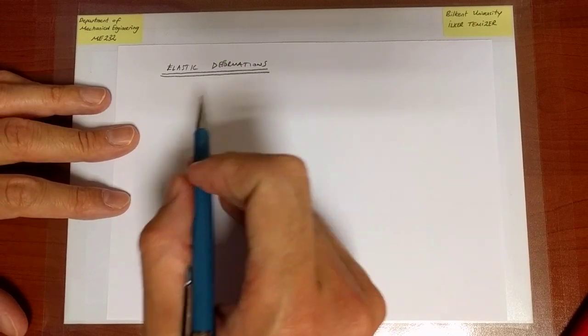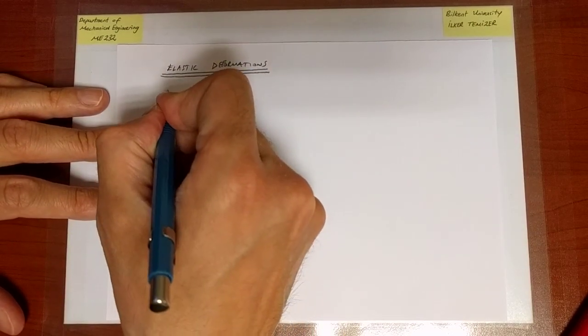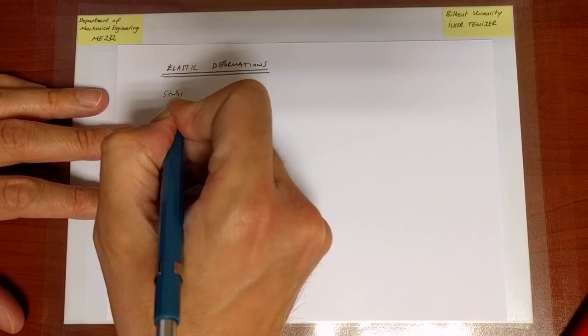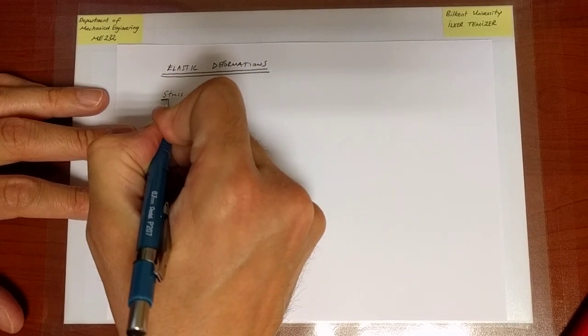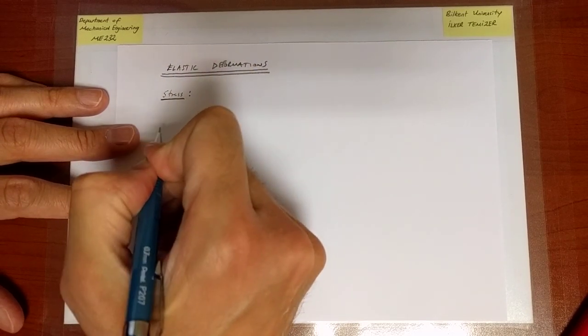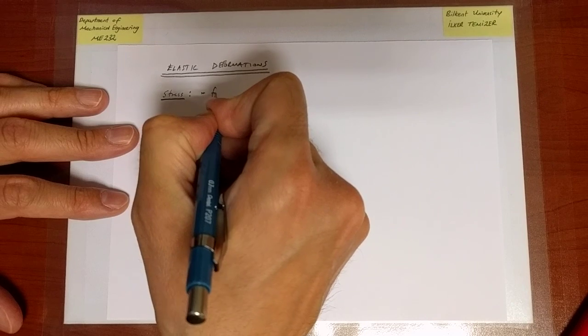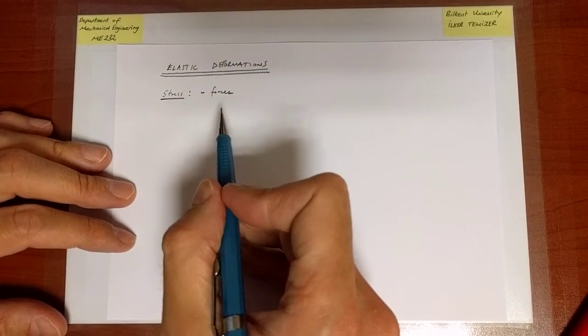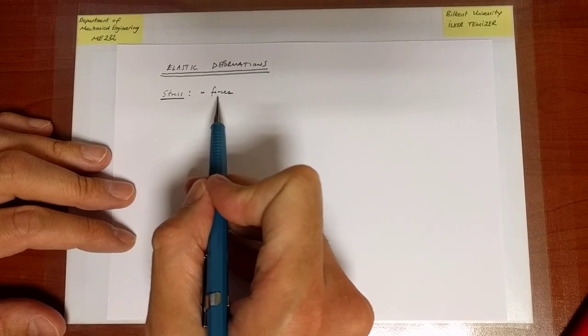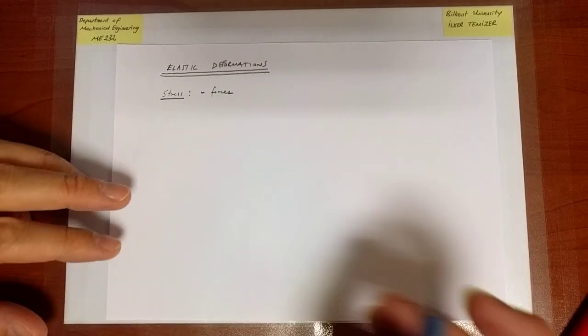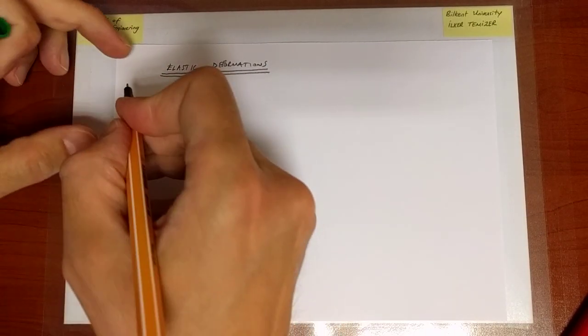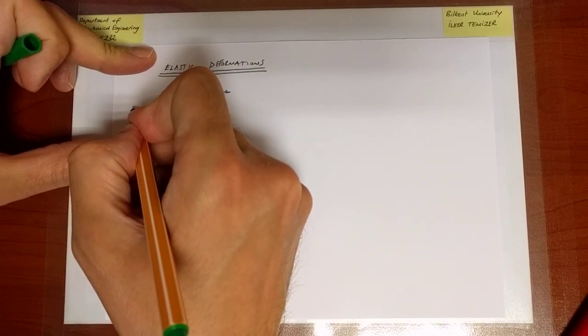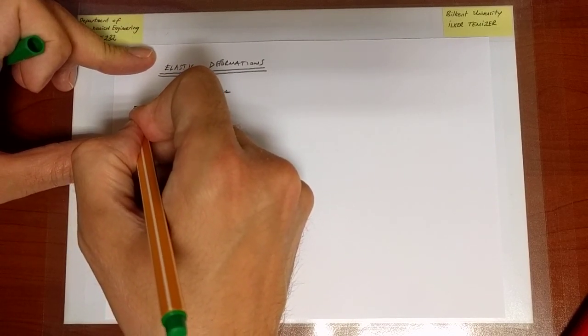And the first concept that we should recall from our ME 231 course is the concept of stress. Stress is something that has to do with the forces, or the loading that is applied to the structure. We might have forces, eventually moments and torques applied to a structure.